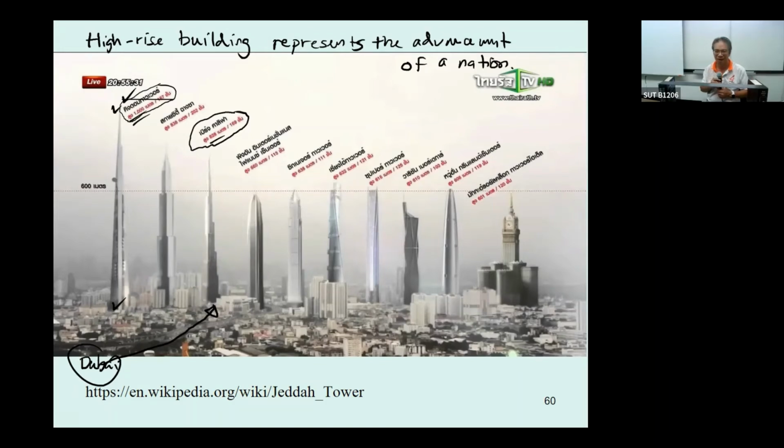But anyway, the standard says every country that has a tower of 800 meters is considered a prosperous country. In Thailand, we don't have many towers taller than 600 meters. As far as I know, there is one building, King Rama 9, that has about 600 meters.